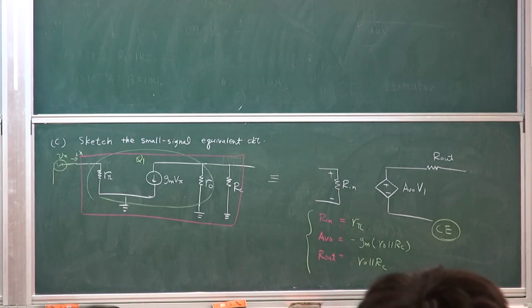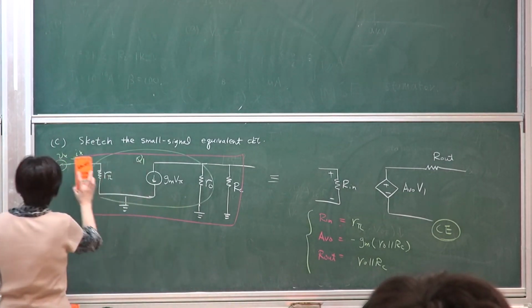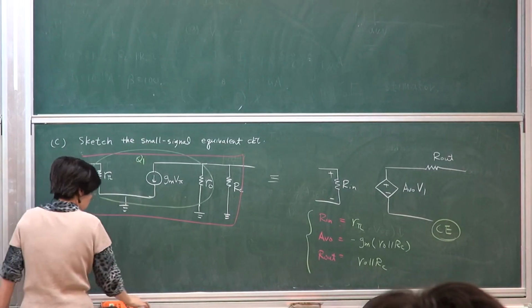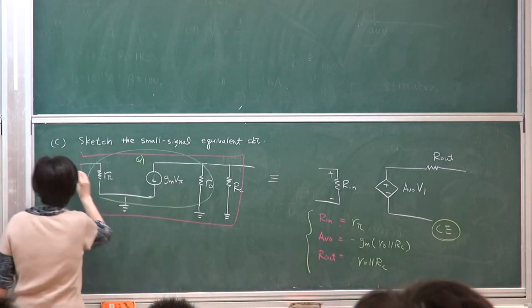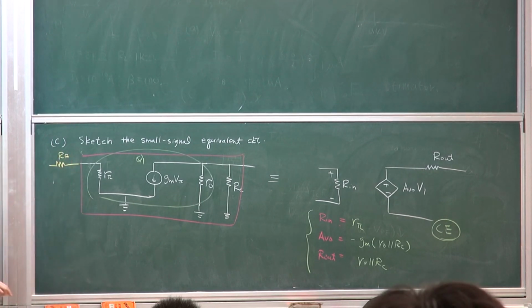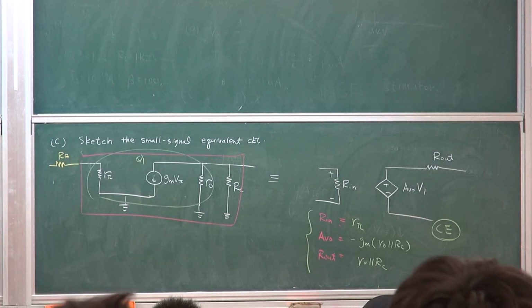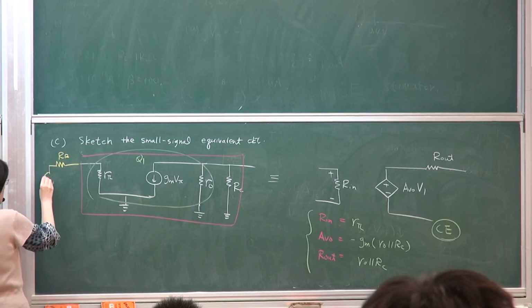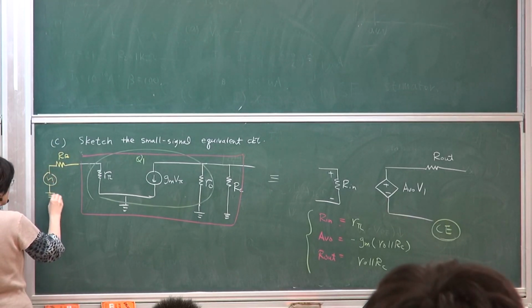Copy it again right here. So RS will be right here. Okay? You asked a very good question. What if I want to find out what happens if a signal is connected to here?